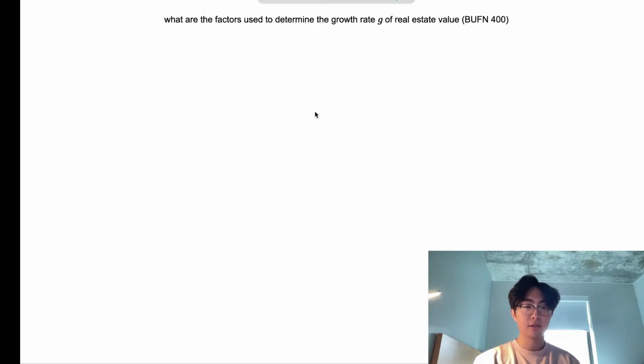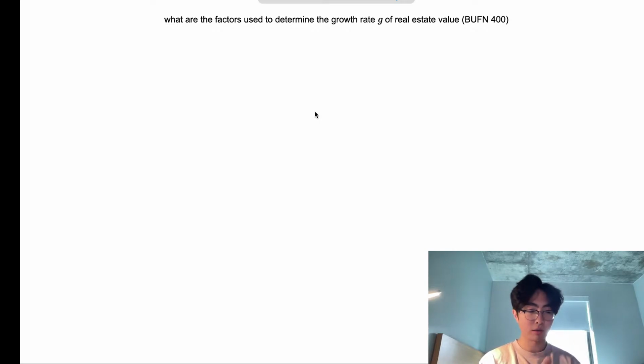What factors are used to determine the growth rates of real estate value? So when looking at real estate value, I think we had built some type of formula or function that can determine real estate value based on a few different variables.